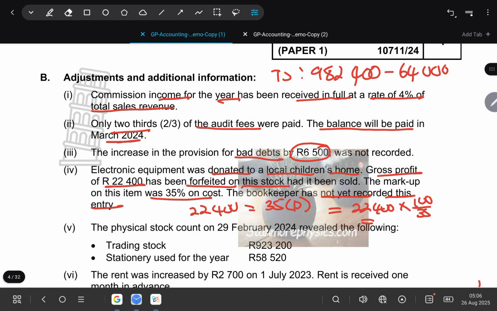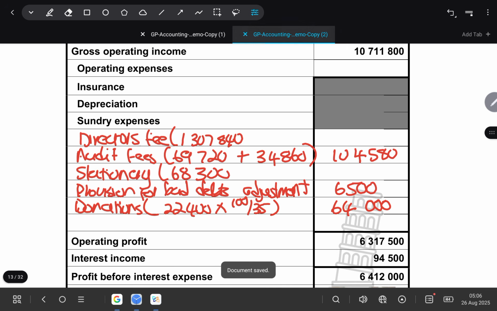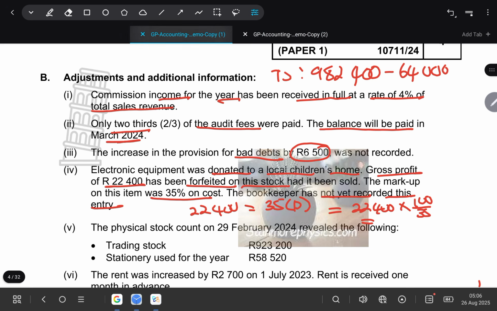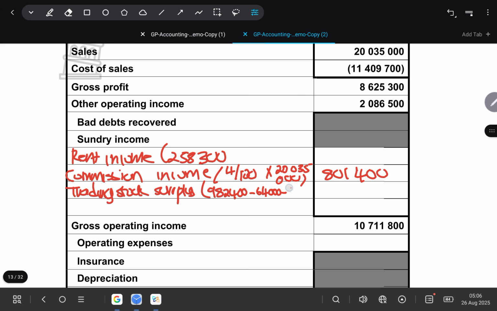But when you check here, the fiscal stock on hand adds more, so it means we have a trading stock surplus. So I'm going to put it here, trading stock surplus. So we're going to say 982,400 minus 64,000 minus, let me check what was the amount there, 923,200.